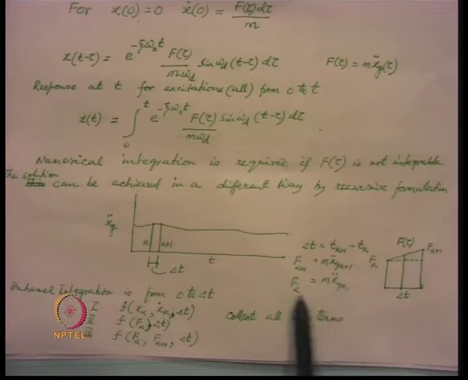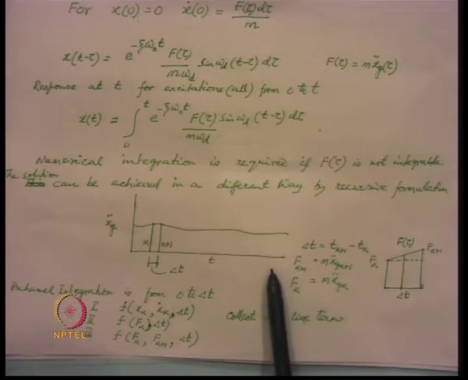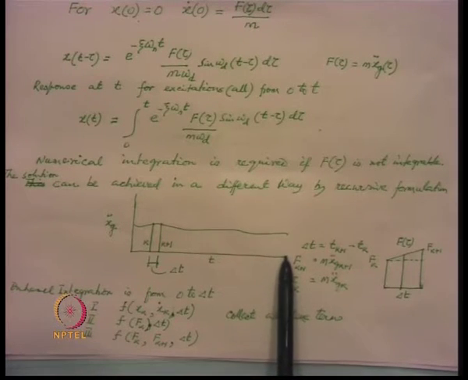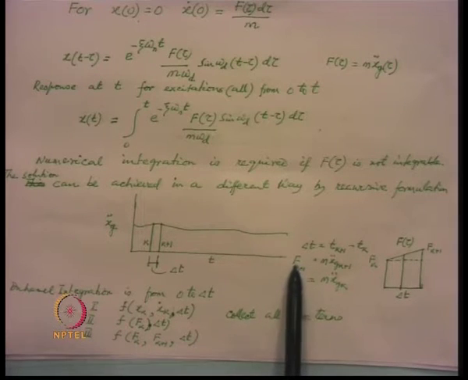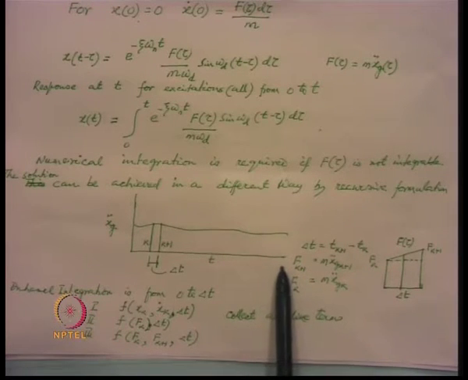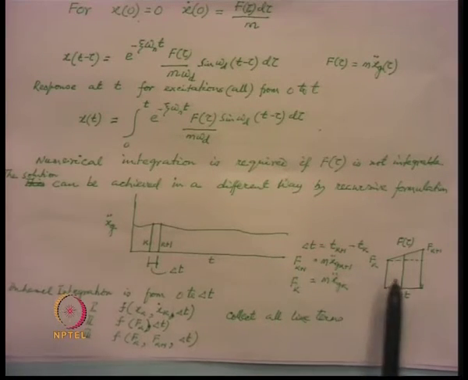So, in a time marching algorithm, what we do is start with 0 time, and at 0 time the displacement, velocity and acceleration are known, and then we obtain the response at the next time step, that is after the interval of delta t, and then we proceed in this particular fashion.